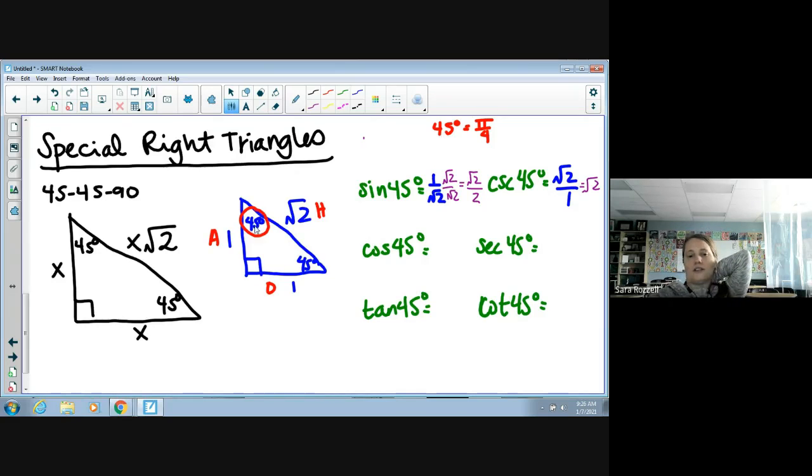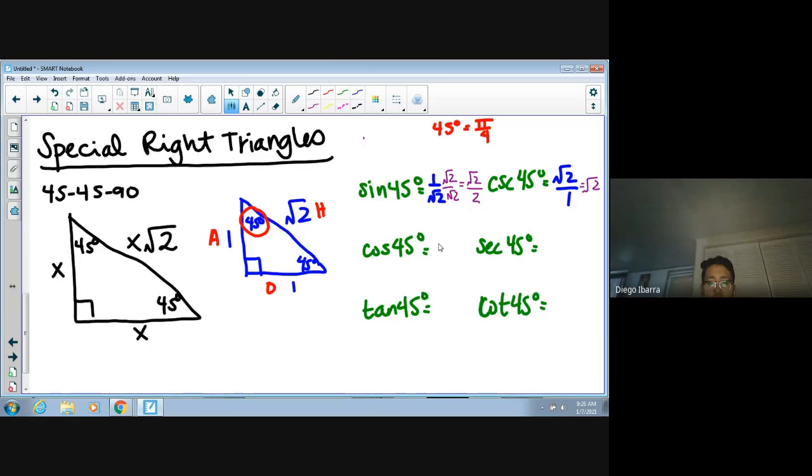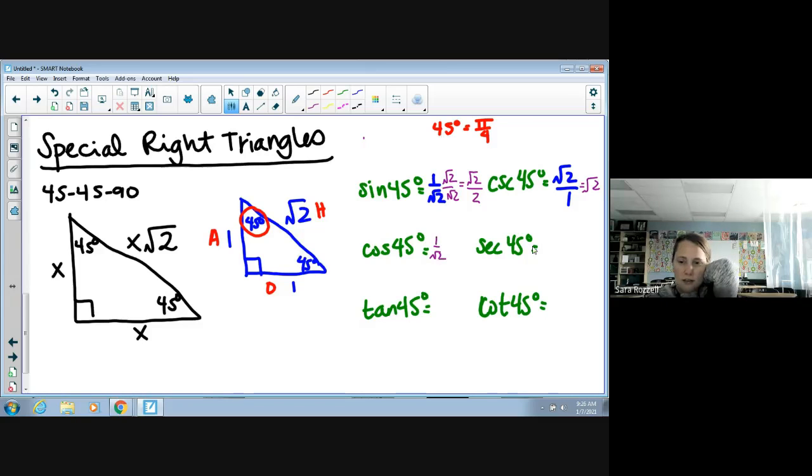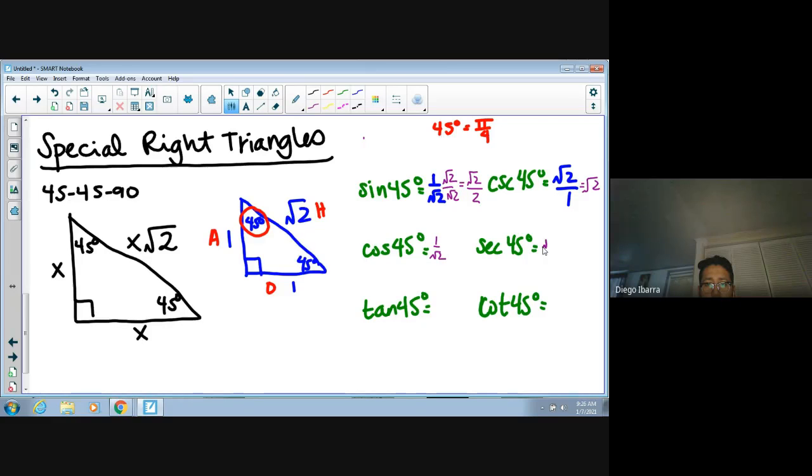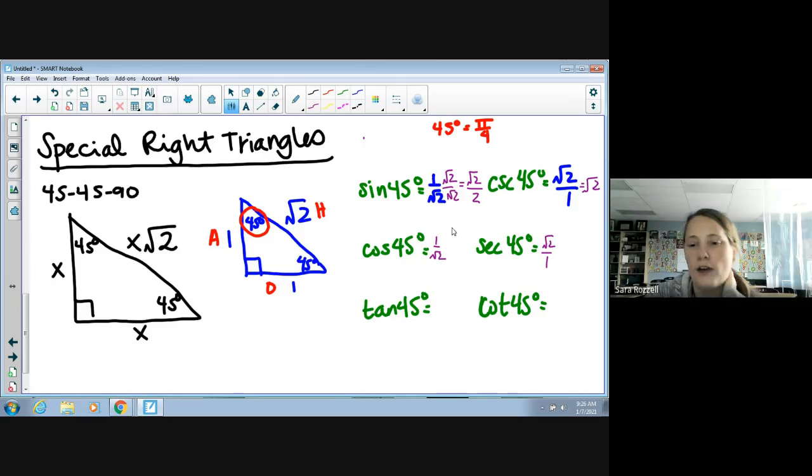Diego, can you help me out with cosine? It's adjacent over hypotenuse. One over square root of 2. Okay, and then the secant? Square root of 2 over 1. Okay. And rationalize is the same way, so I'm not going to write it next to it. So that's root 2 over 2.